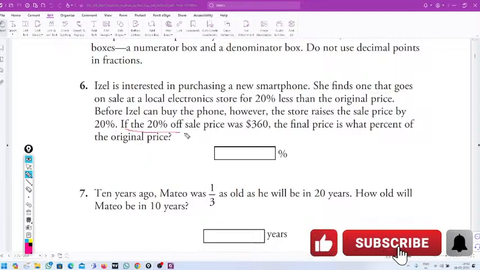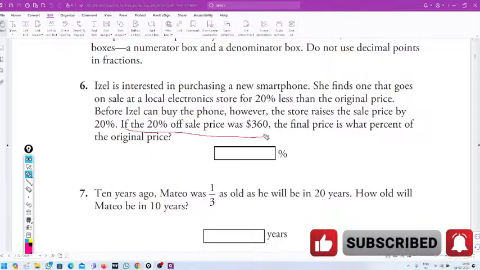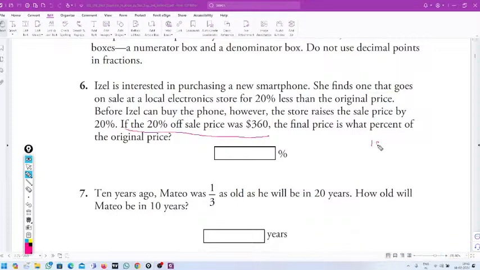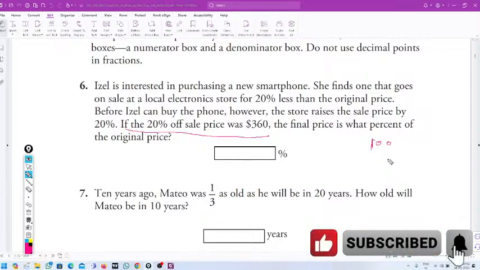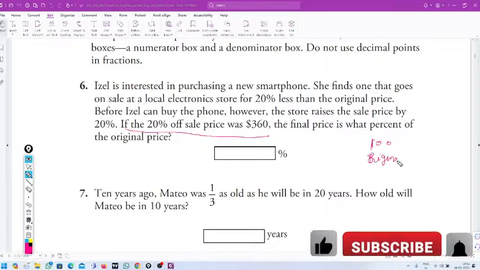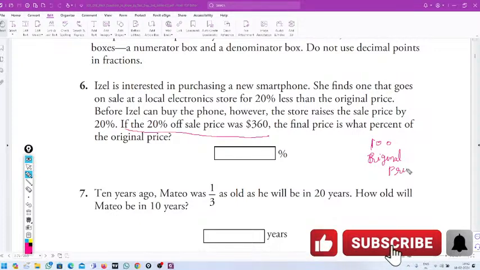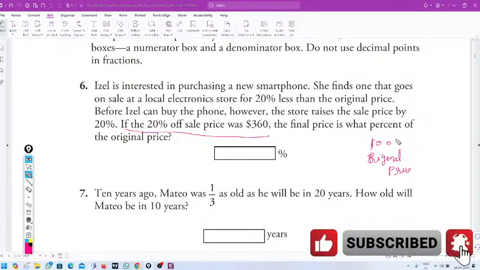If 20% of the sales price was 360, so the initial price, let us assume, is 100. 100 means this is the initial price, the original price. So what happened now?